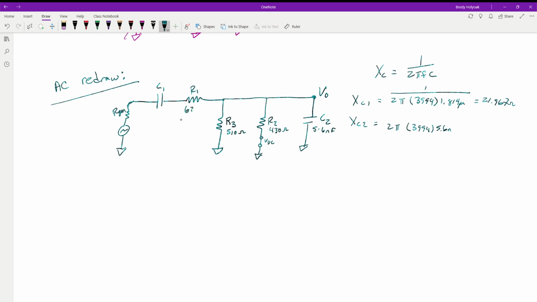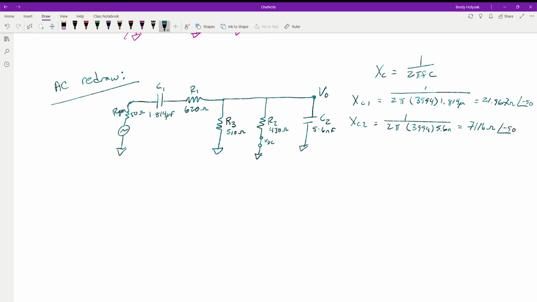R1 was 620 ohms. Capacitor 1 was 1.814 microfarads, and the generator was 50 ohms. So our X of C2 comes out to be 716 ohms. And remember, these are at -90 degrees for their phase angles.